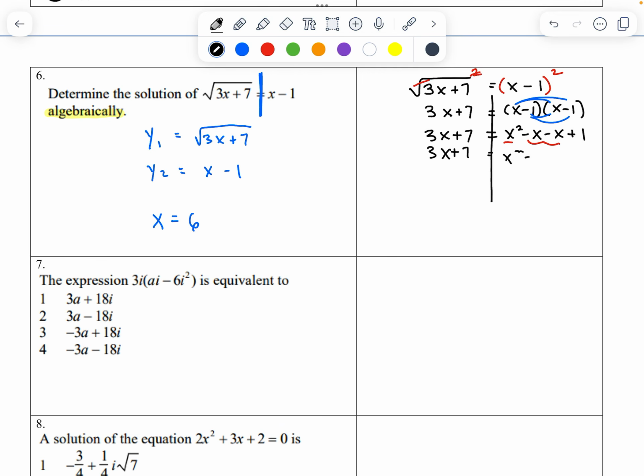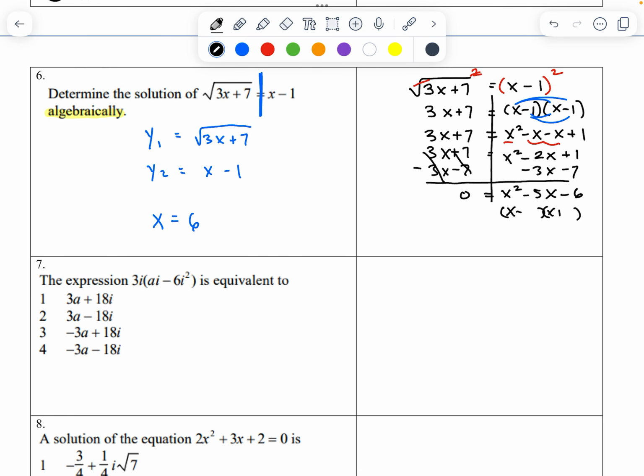Whoops, it's very messy. X squared minus 2x. Okay, so now I'll move those over. Those are gone. Now I have x squared minus 5x minus 6, and now it's time to factor. Okay, I'm going to drop the first sign.